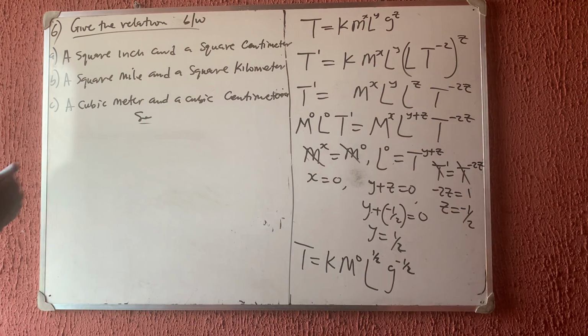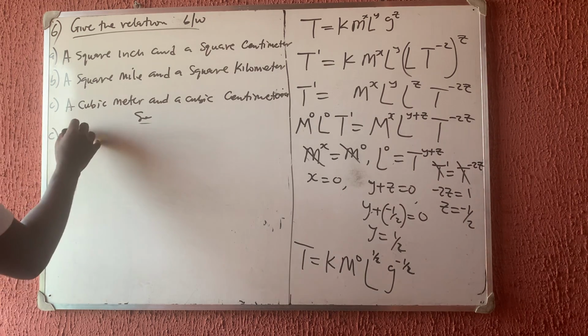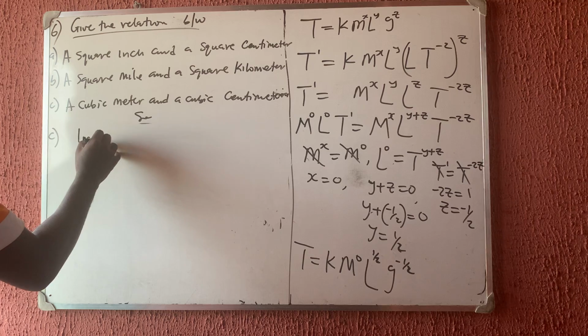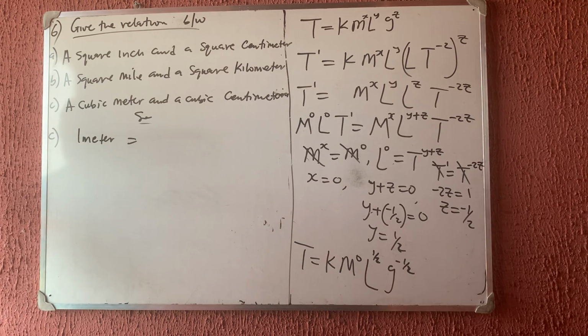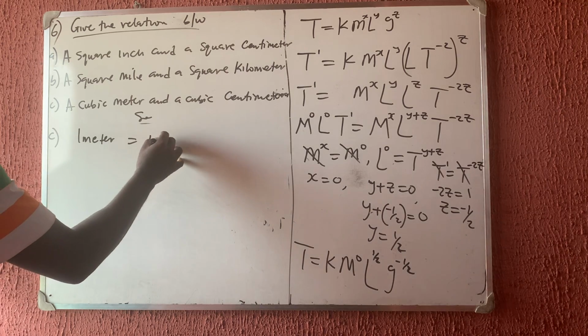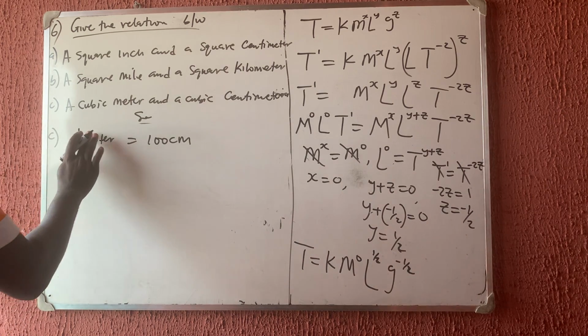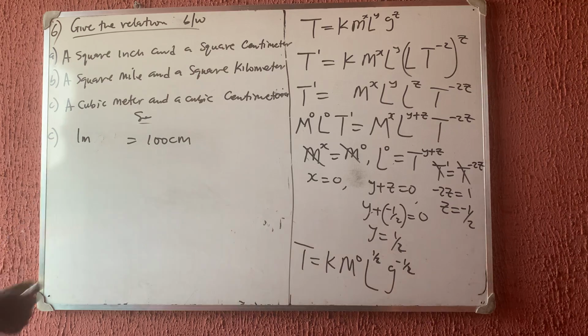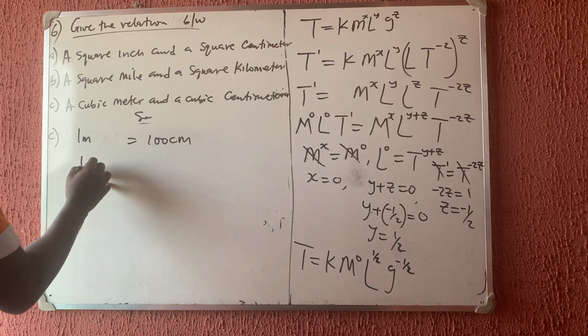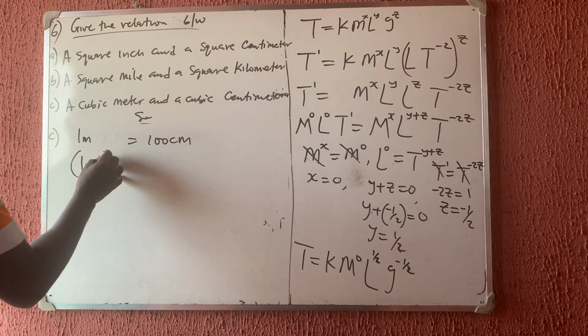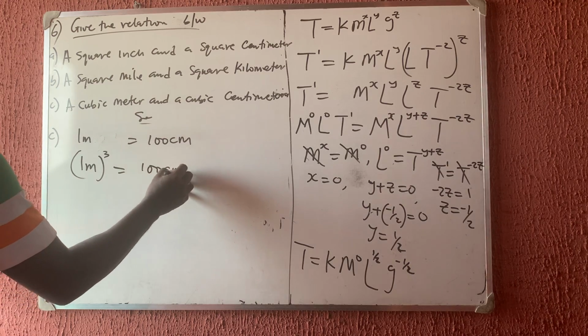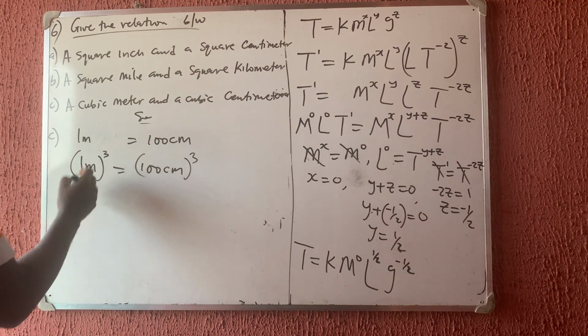So the next one, the C part of it, said a cubic meter. So 1 meter is equal to 100 centimeter. Okay, if you cube it, 1 meter cube is equal to 100 cm cube. 1 cube is still 1.